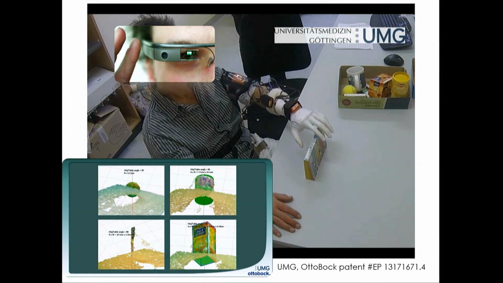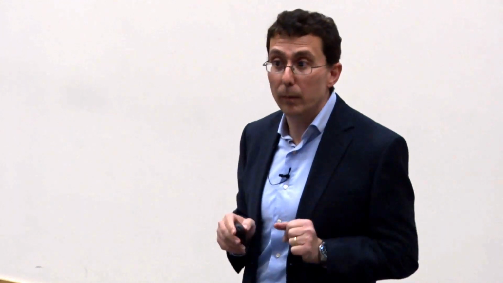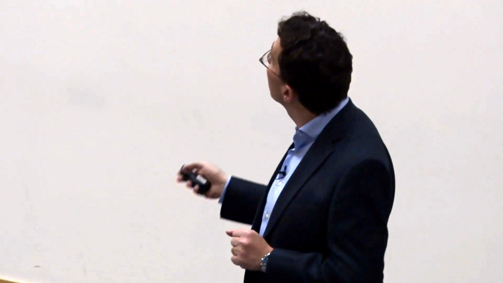And what does it do eventually? Well, if we recognize an object that is particularly difficult to grasp, that second brain, the artificial brain, controls the hand autonomously. It performs the task of grasping that specific object.